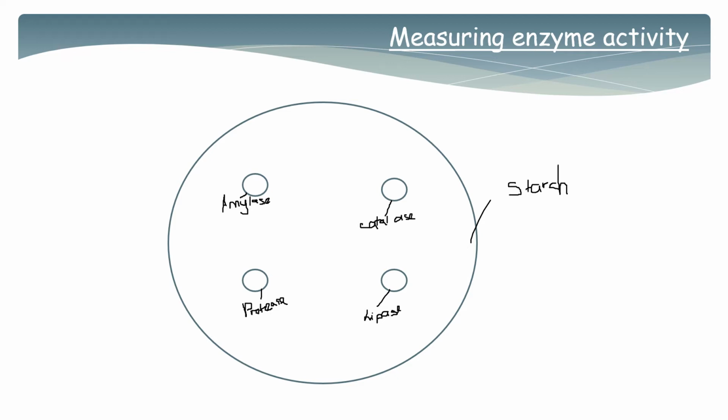What we would expect to see if we left it overnight is a clear zone that starts to form around amylase, but none of the others should form this clear zone.